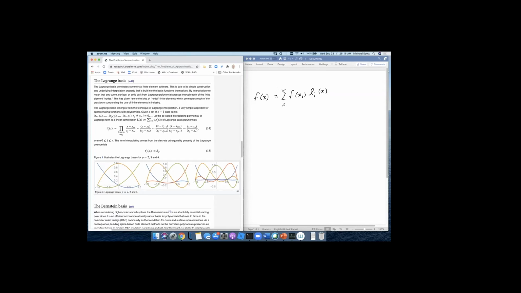Okay, and so what do we mean by interpolation? These polynomials give us a nice picture. Notice, if I evaluate f of x, let's say I evaluate f of x at some location xj, then that's going to be f of, actually let's evaluate it at xi.